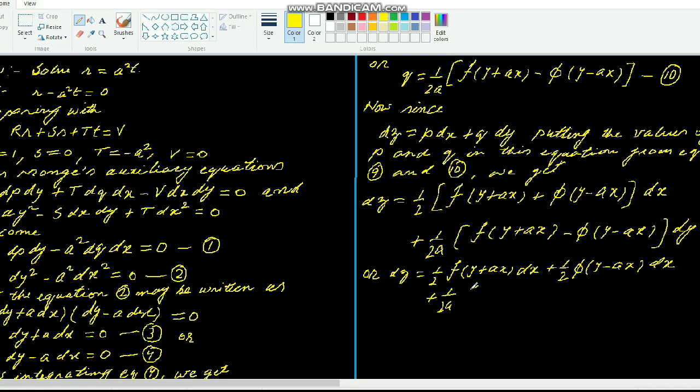We get 1 upon 2a f of y plus ax dy minus 1 upon 2a phi of y minus ax dy.